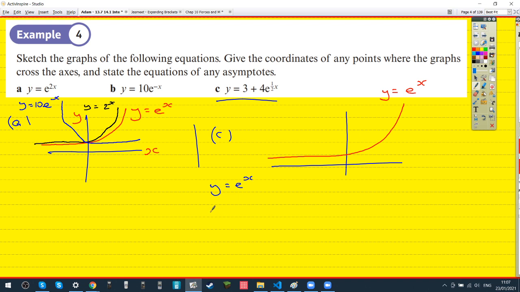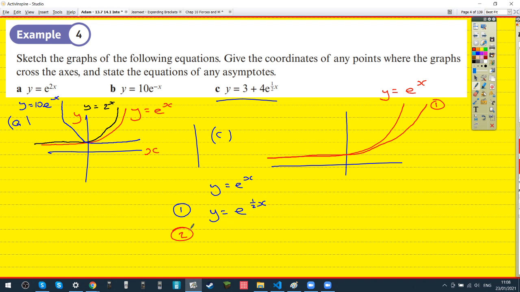What would it look like? We'll just change one thing at a time. E to the half x. It would be less steep than e to the x. That's a stretch in the x direction, scale factor 2. So multiply all the x by 2. Kind of like that.